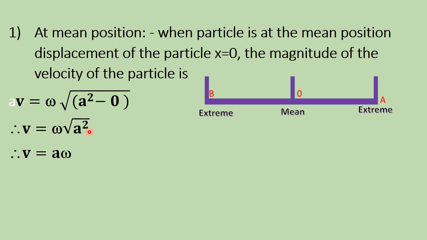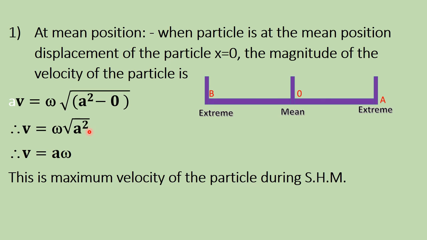On simplification we get v equal to a omega. This velocity is known as the maximum velocity of the particle. When the particle is crossing the center of the path, the velocity of the particle is maximum.